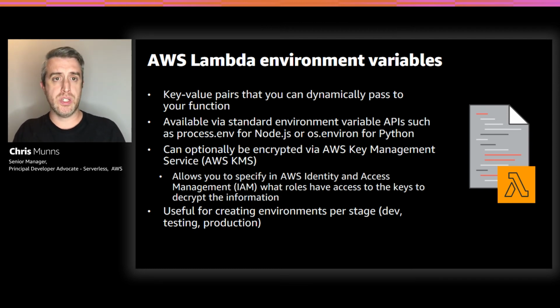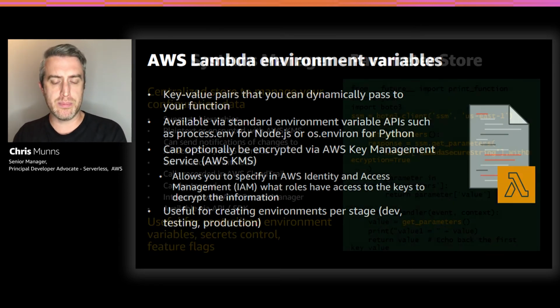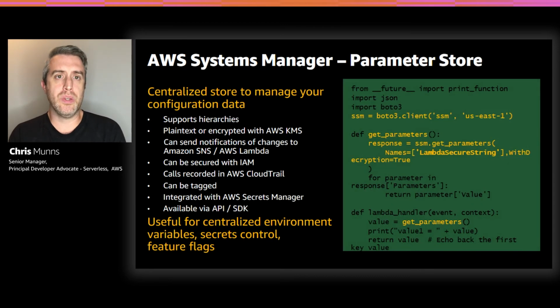Now, one of the challenges is that they are specific to a single Lambda function at any point in time. So if you had, say, an API Gateway, and you had a whole number of functions behind it, you would have to configure each of these as part of that. Another option that we do have is through a pair of sibling services, Systems Manager Parameter Store and Secrets Manager. The two of them work really closely together.